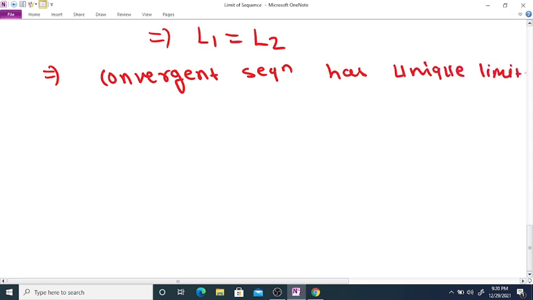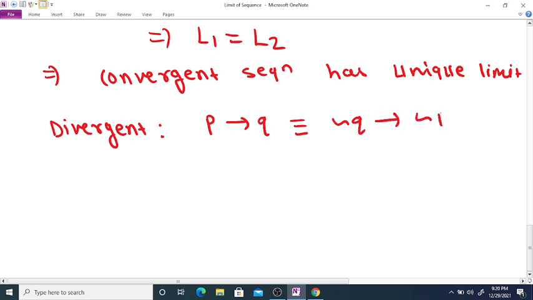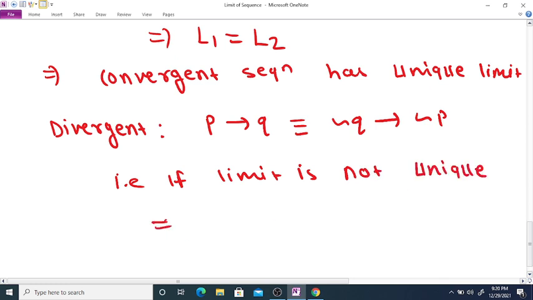We can use this theorem to prove that a given sequence is divergent. We know that P implies Q is equivalent to negation of Q implies negation of P. That is, if the limit is not unique, then the given sequence x_n is a divergent sequence.